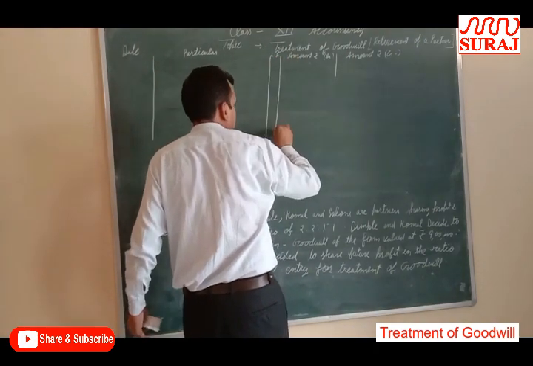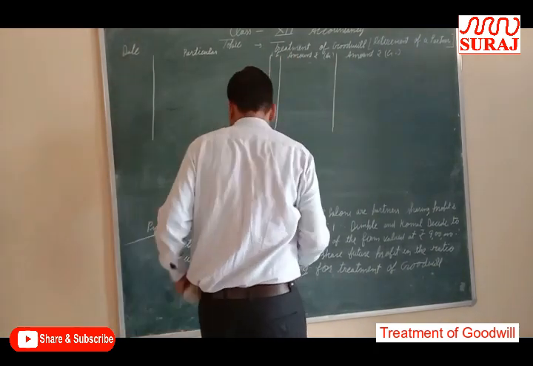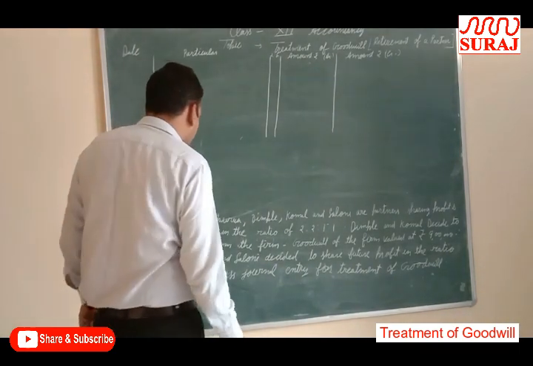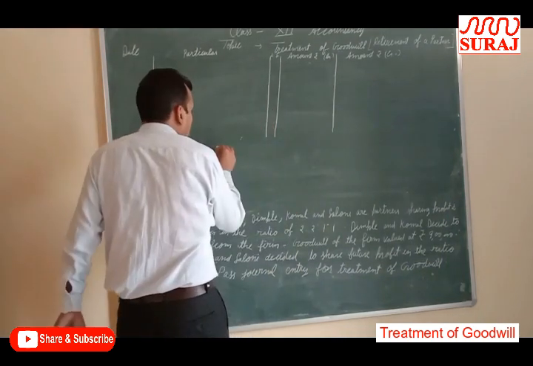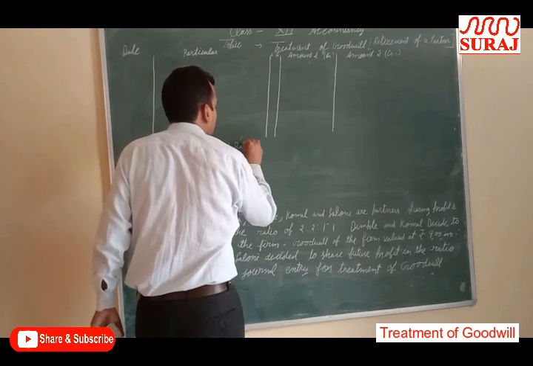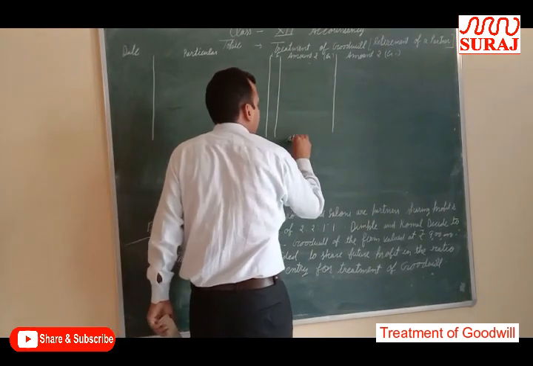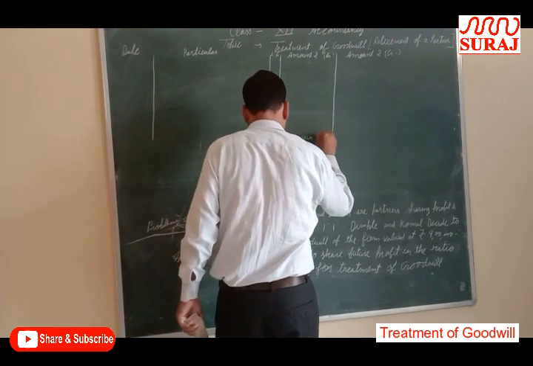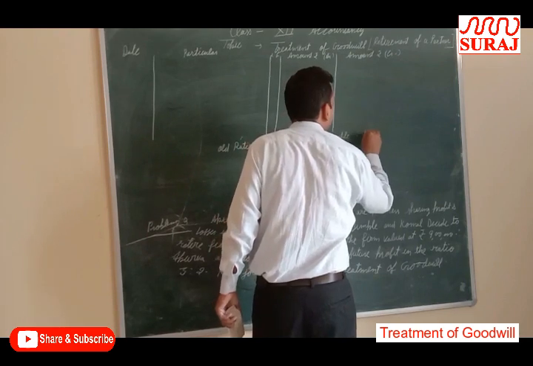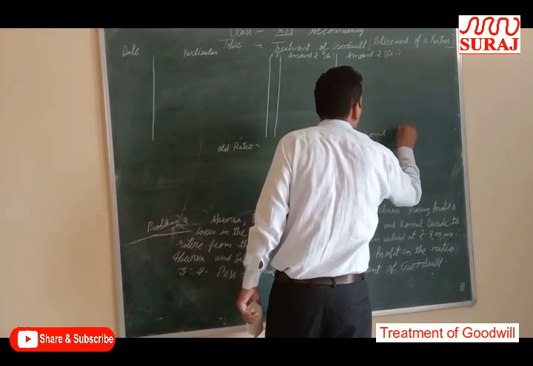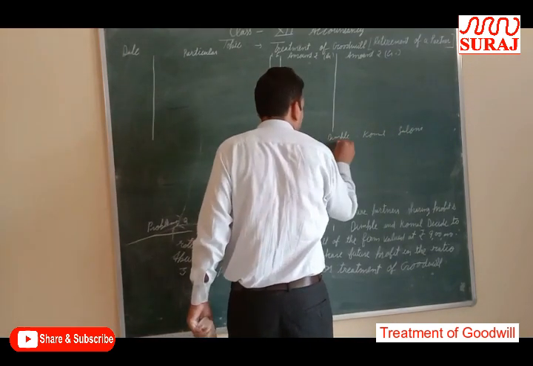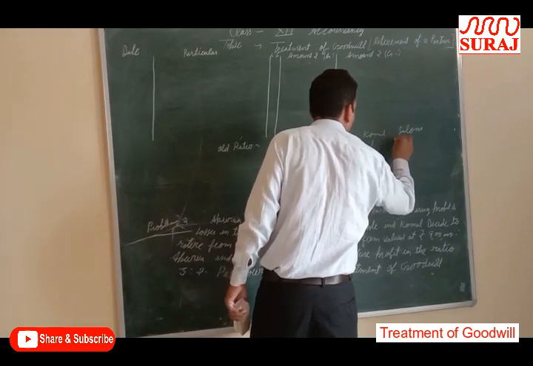Apurva, Dimple, Komal and Saloni were partners sharing profit and loss in the old ratio 2:2:1:1.